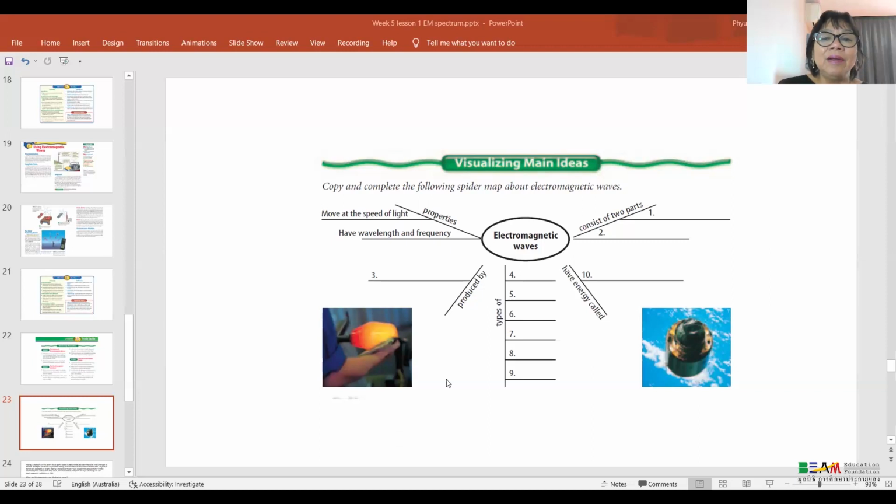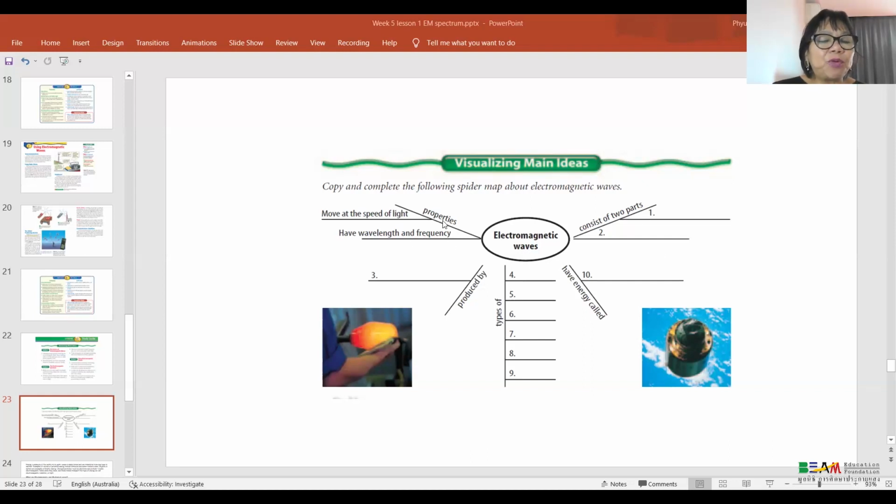Okay, right. Electromagnetic waves consist of 2 parts. It's in the very first chapter. Can anyone answer it, please? Put your hand up if you already did it. Thank you, Heather. Electric and magnetic fields. That's why we call it an electromagnetic wave. So it consists of 2 parts.